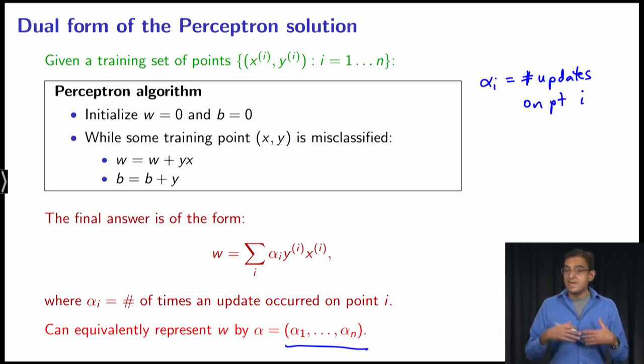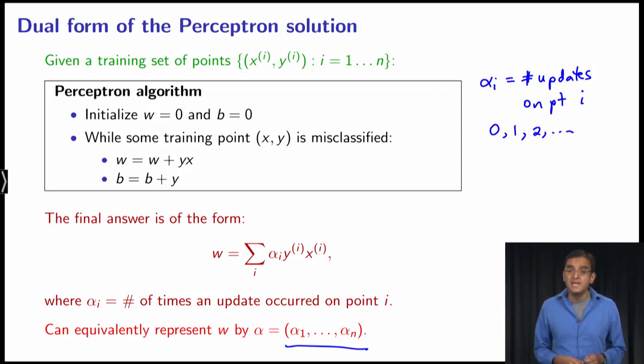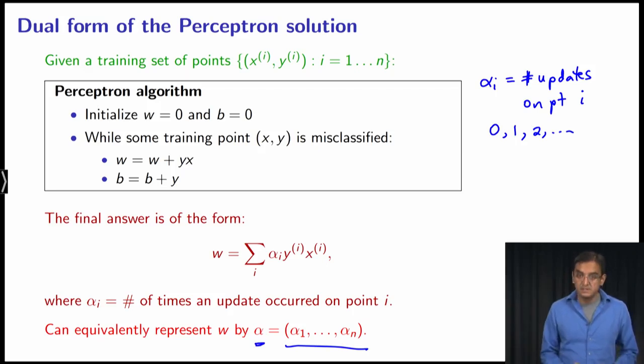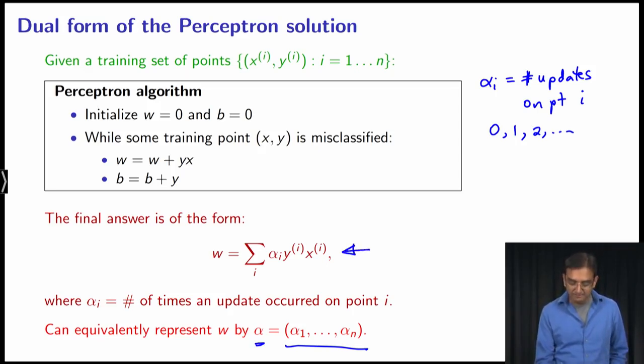If we never updated on that point, which might be the case for many of the data points, then it would take on a value of 0. If we updated just once on it, it would take on a value of 1. If we updated it twice, it would take on a value of 2, and so on. So alpha sub i is a non-negative integer. And if we just take this vector alpha, which gives us these update counts for each of the n data points, we can recover w using this formula here.